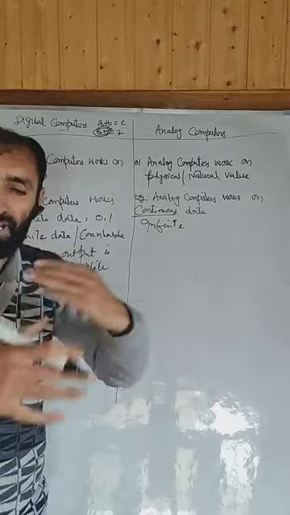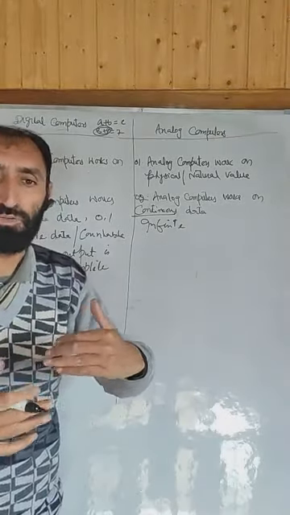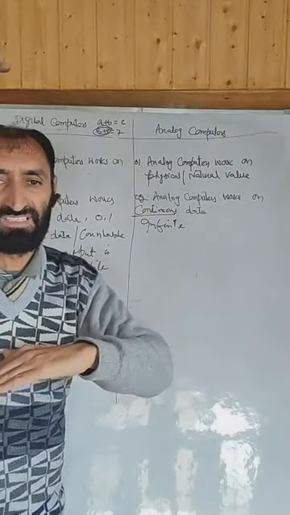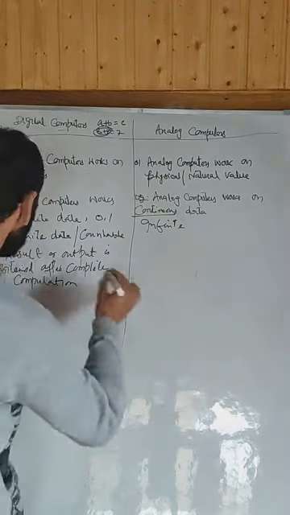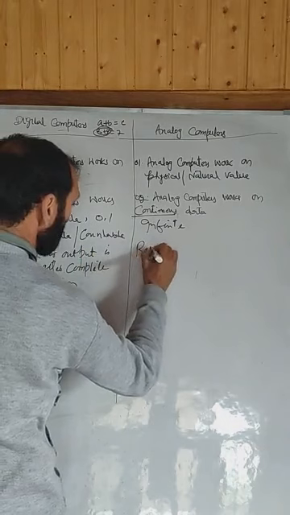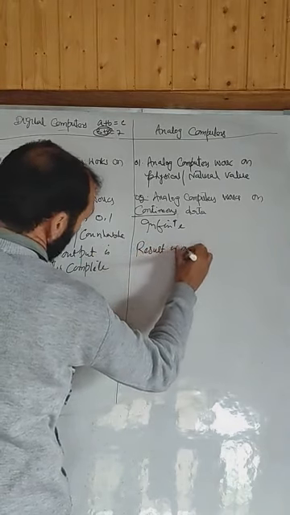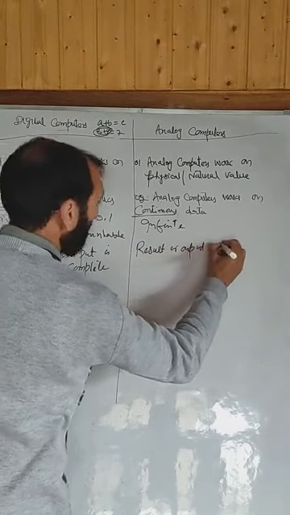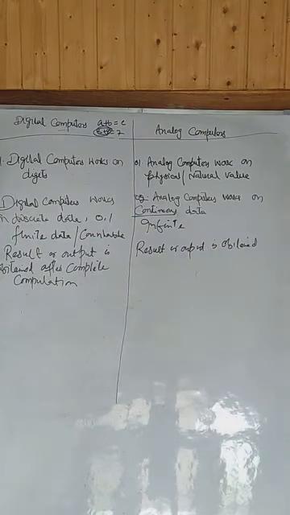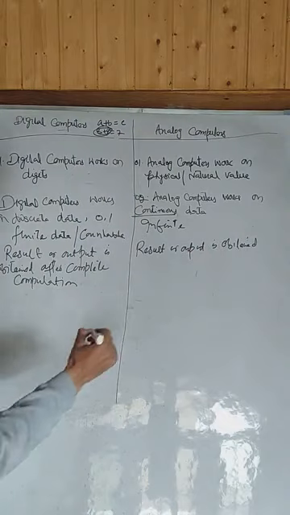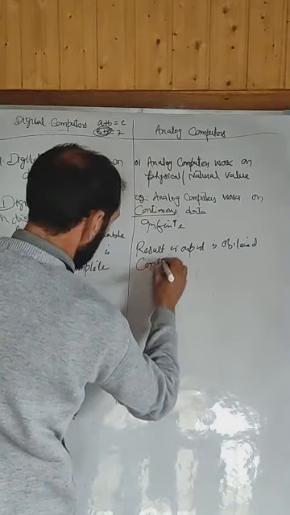Whereas in an analog computer, the result is continuous. For example, temperature or heart rate is continuous. The result or output is obtained continuously.